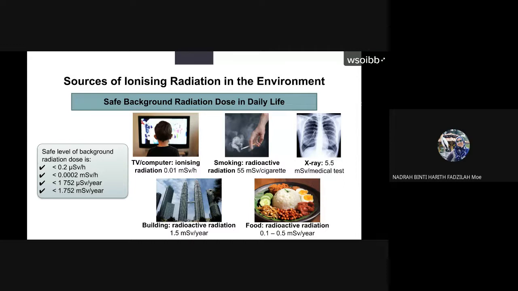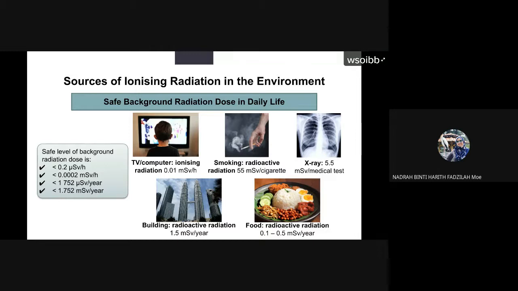Okay, the first one is microsievert. Yang second one tu kalau kita convert 0.2 microsievert tu kepada millisievert, kita akan dapat 0.0002 millisievert per hour. So dua-dua nombor tu adalah nilai yang sama, cuma satu adalah dalam unit mikro, satu lagi dalam unit milli.